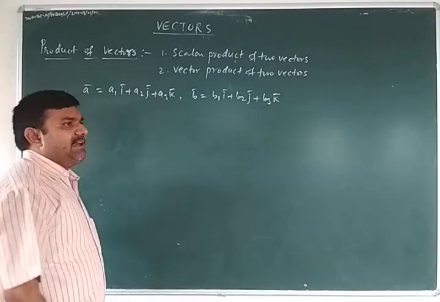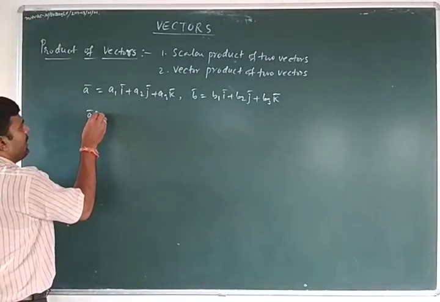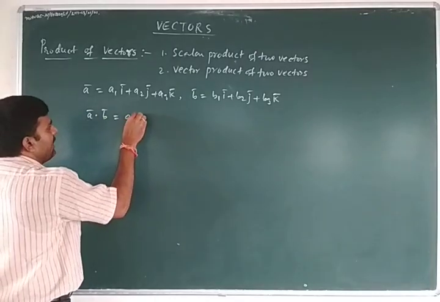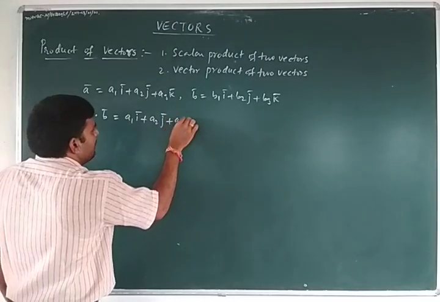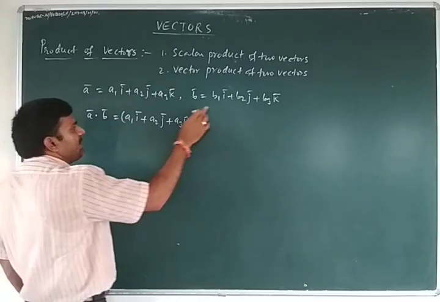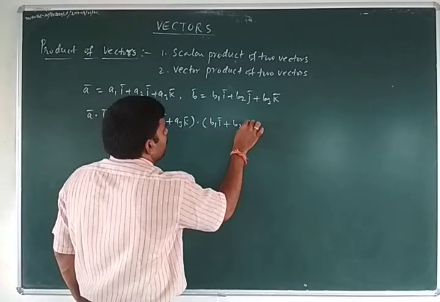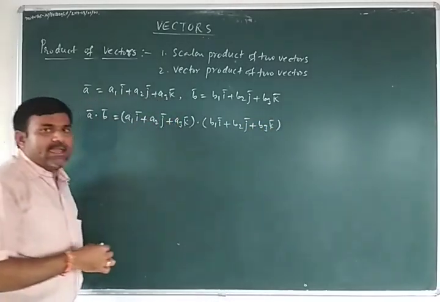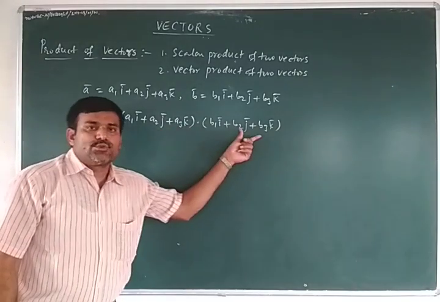So now we require the dot product of these two vectors. So A bar dot B bar is equal to A1 I bar plus A2 J bar plus A3 K bar dot B1 I bar plus B2 J bar plus B3 K bar.